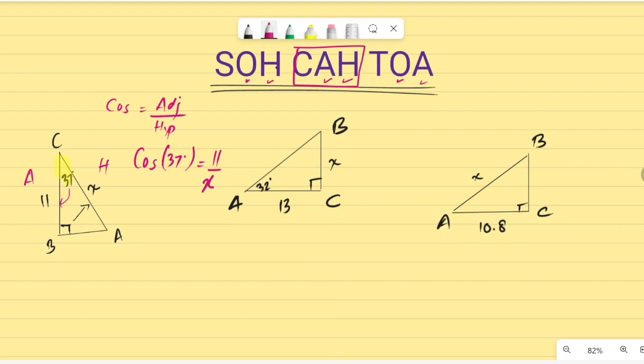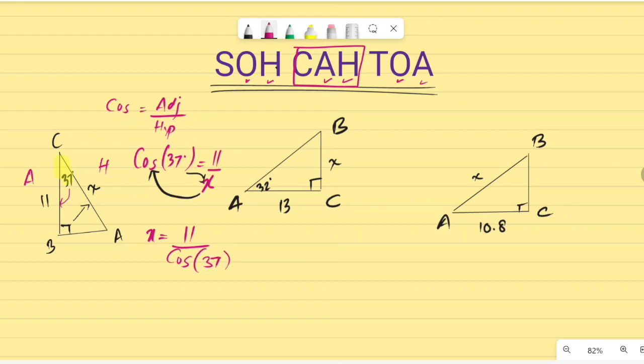We don't know x. Now when you don't know the denominator, there is an easy way to solve it. We will do the cross multiplication and everything to make x the subject of the formula. So in the end, what you will do is swap x with the trigonometric ratio. So it will end up being x is equal to 11 over cos 37.